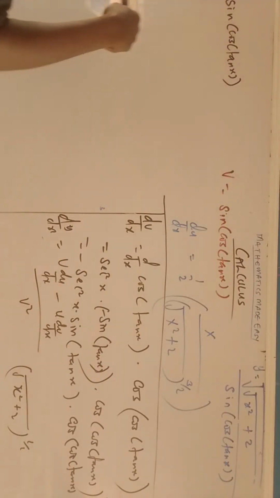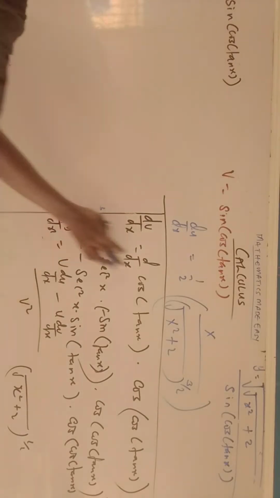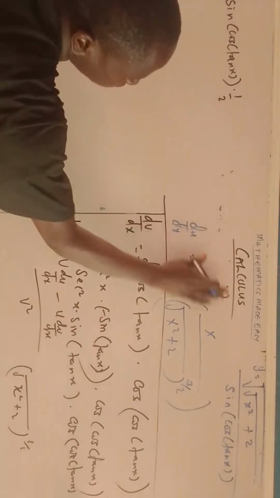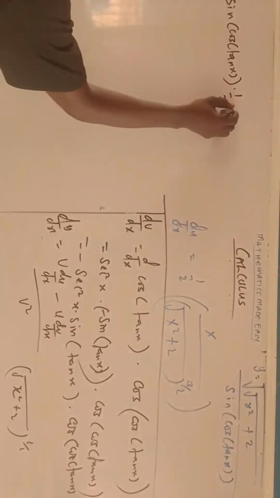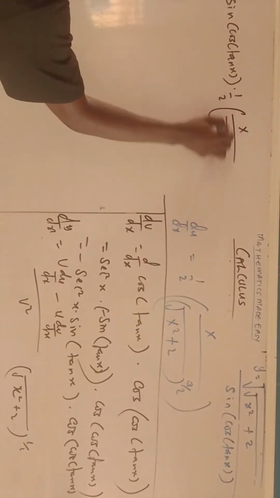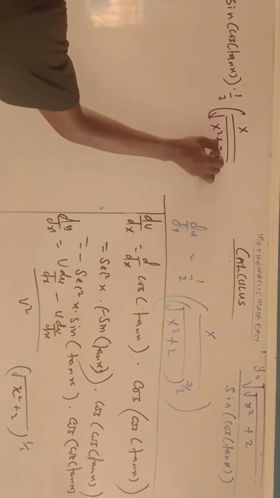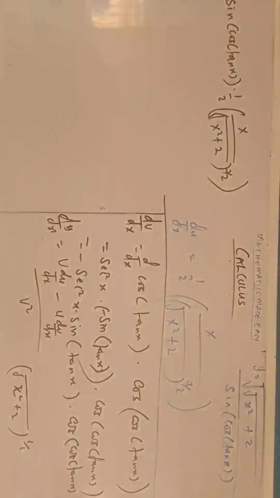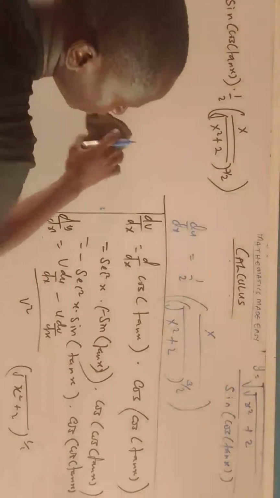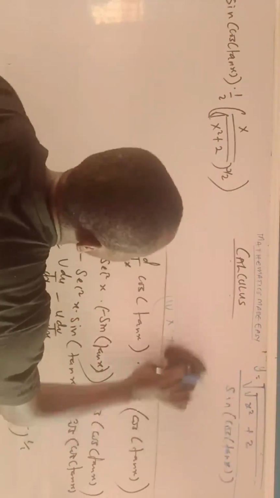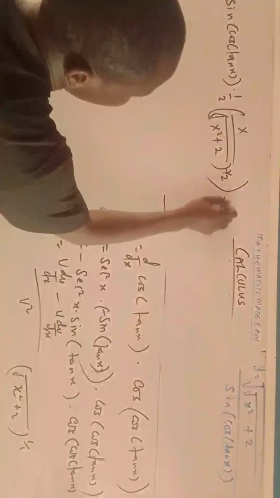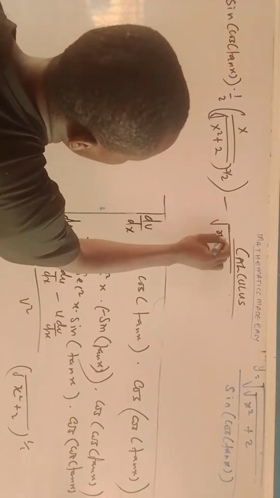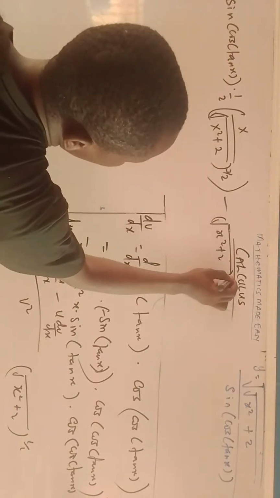Then multiply by du dx. What is our du dx? This guy right here. So multiply by 1 over 2, into bracket x over square root of x squared plus 2, then raised to the power of 3 over 2. Then minus u dv dx. What is our u? Our u is x squared plus 2, then raised to the power of 1 over 2.